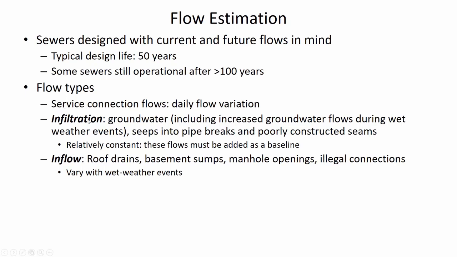Infiltration is relatively steady because that's mostly groundwater that's seeping in. And groundwater levels can fluctuate. The depth of the water table can vary when it's wet versus when it's dry. But it doesn't vary as dramatically as when there's wet weather. And so sometimes the flows in the middle of the night, when there's not much human demand for water and therefore not much discharge, the overnight flow rates are usually what they call I and I, infiltration and inflow.